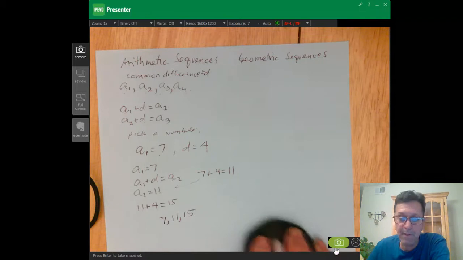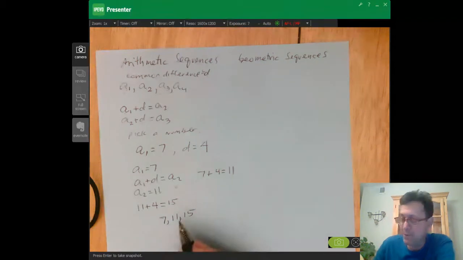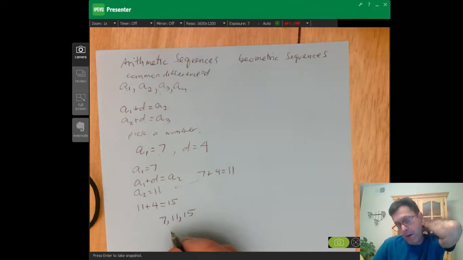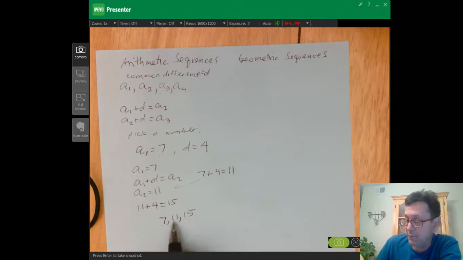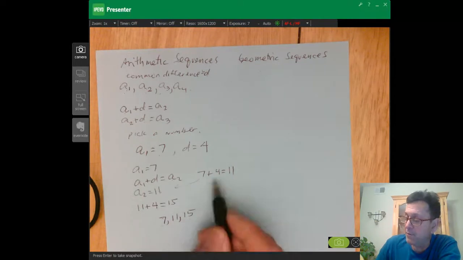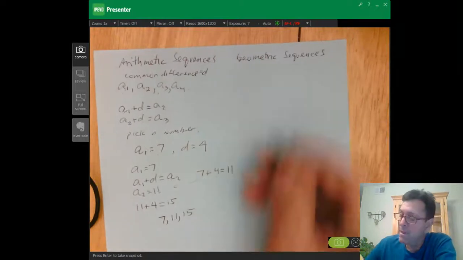So that's how you build an arithmetic sequence. Now, if we were trying to find D, let's say we had an arithmetic sequence, and we were trying to find out what it is, we could find that by subtracting. So notice 11 minus 7 gives us 4. 15 minus 11 gives us 4.